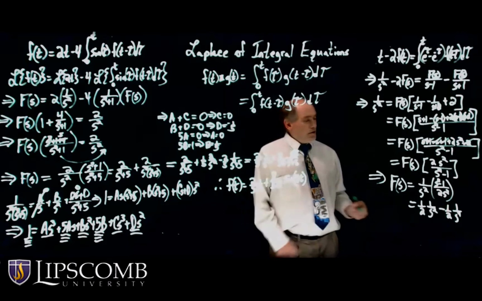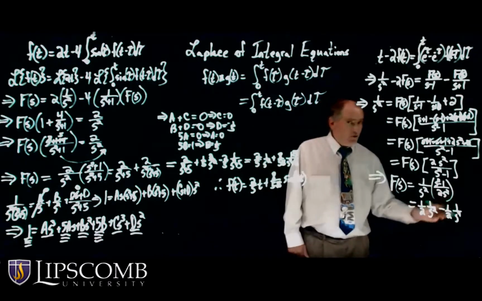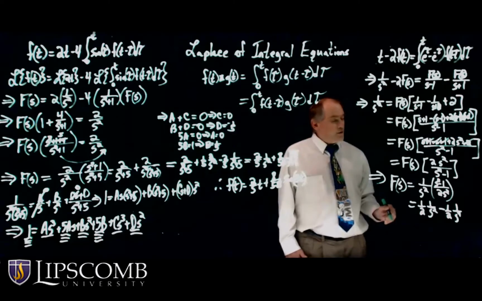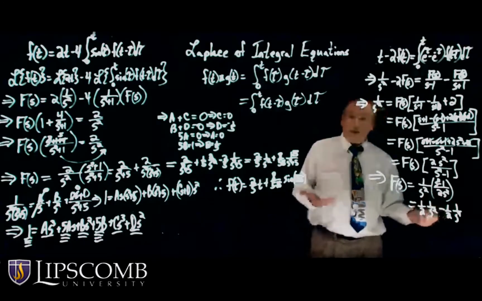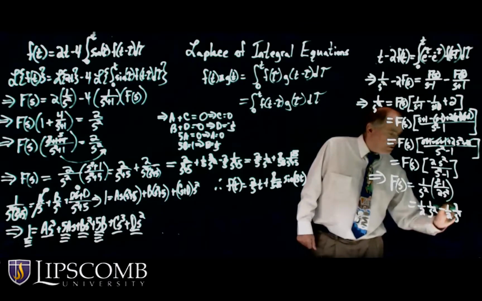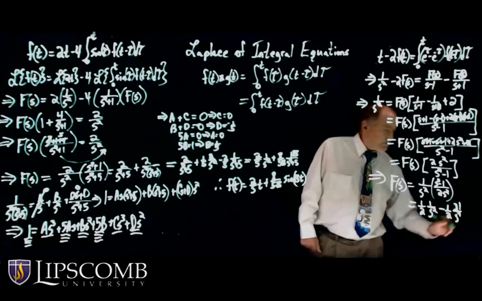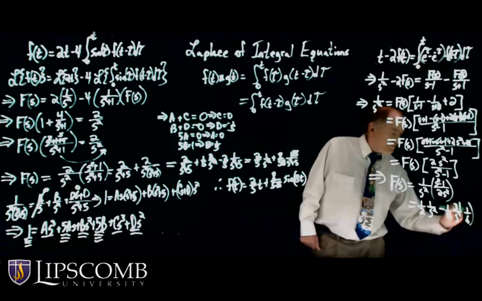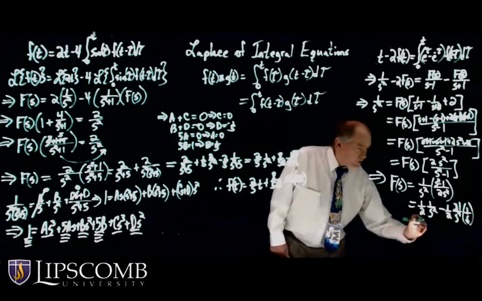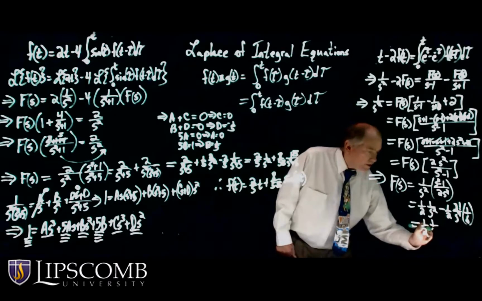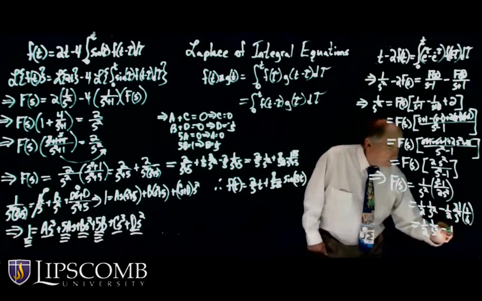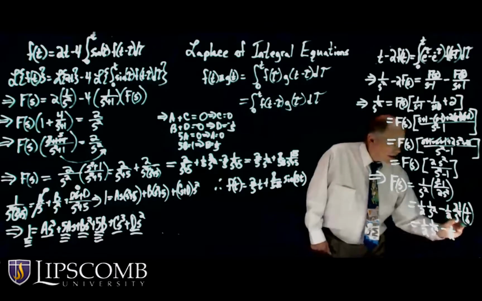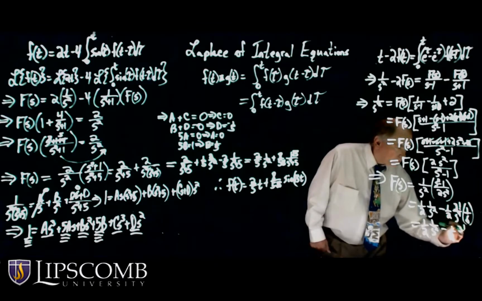Okay, now I look at this. This is close, but it's not exactly what I need to take the inverse Laplace. What am I missing? A 3 factorial. 3 factorial is 6. So multiply by 3 factorial, divide by 3 factorial. So what do I get? I get 1/2 times 1 over s squared minus 1/12 times 3 factorial over s to the 4th.